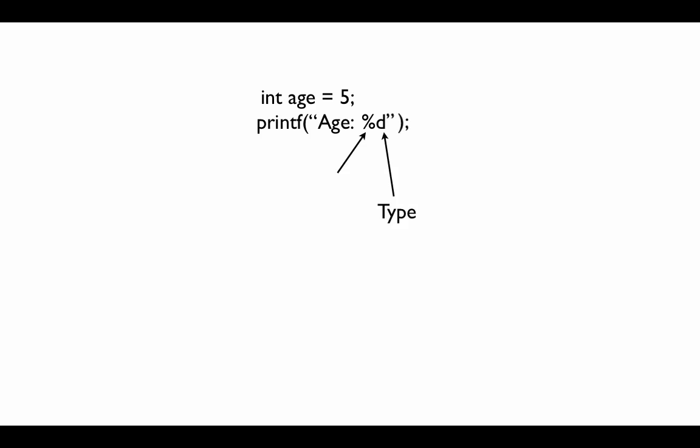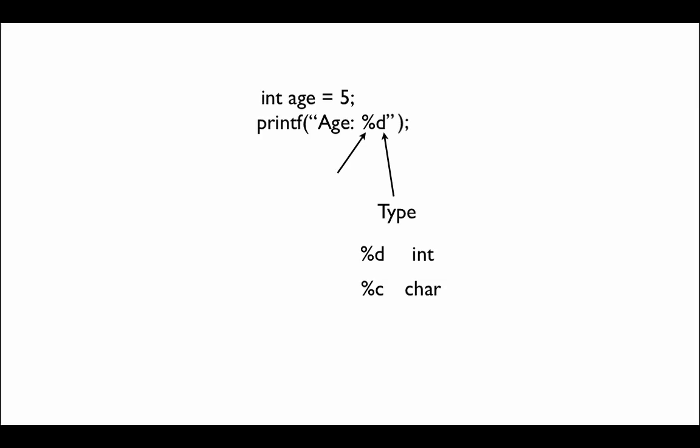Each variable type has a corresponding format specifier for the printf statement. So as you can see, %d is the integer, and it's the decimal. Even though there's no decimals in an integer, that's still how it is. %d is the integer placeholder. %c lets us print out characters, so like A, B, or C. If we had a char, then we could print out the character using %c.